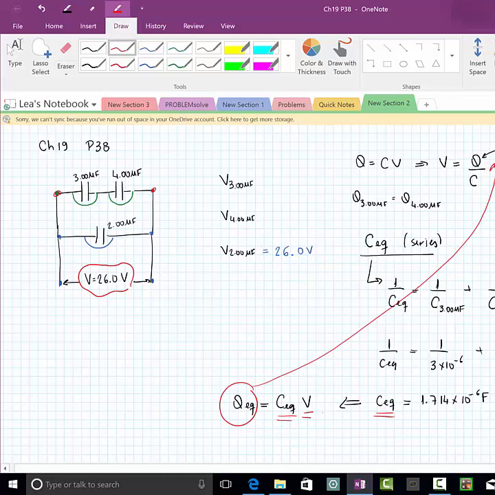So we divide this total charge by the capacitance. In this case it's 3 times 10 to the minus 6, and in the other case we divide this total charge by 4 times 10 to the minus 6, and we'll find the voltage across each one of these capacitors.